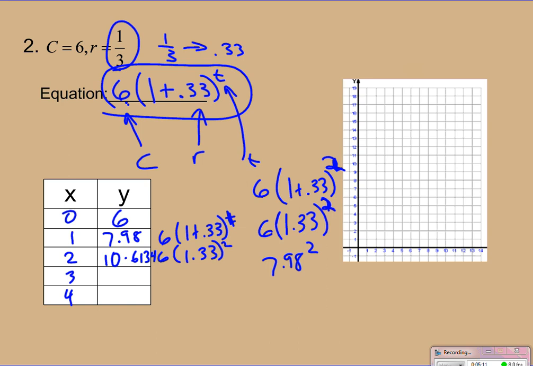That's not what we want to have happen. You've got to follow order of operations and do this part first. You've got to follow your exponents first. So for this next one, 1.33 cubed goes first, multiplied by 6, which is 14.11.